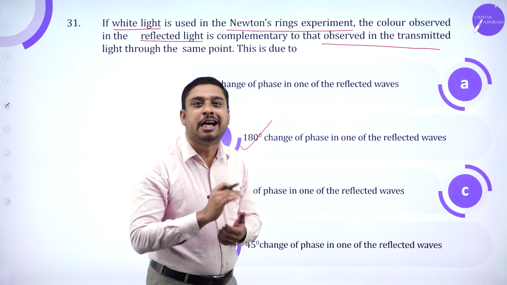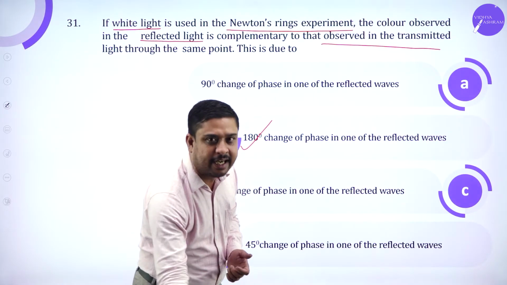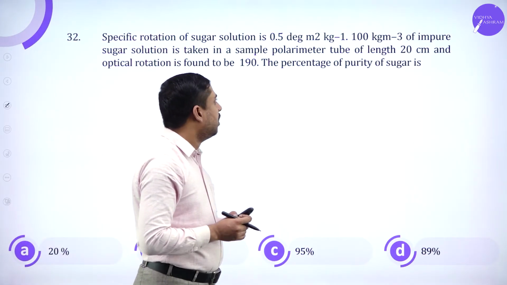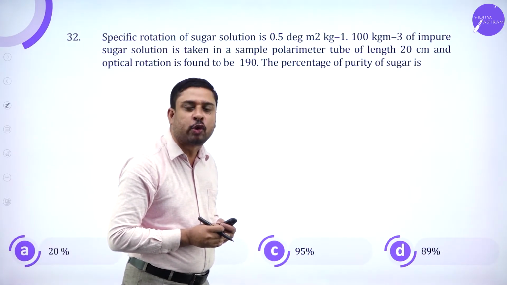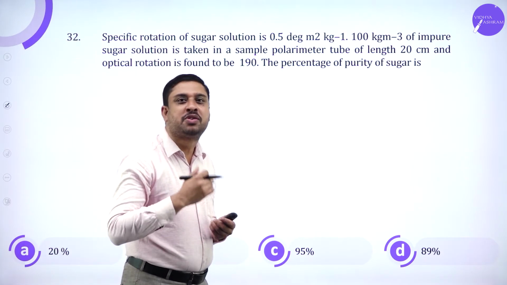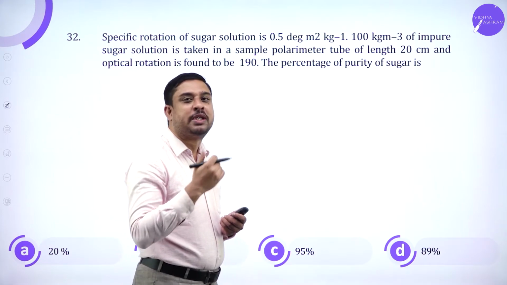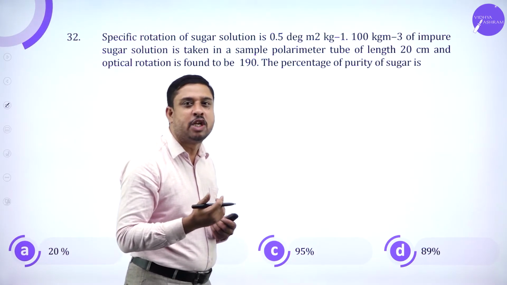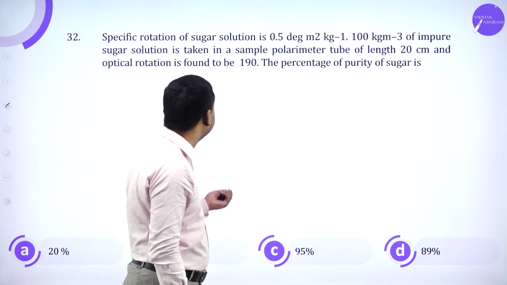Therefore, the colors complement each other. Again, this is on specific rotation. I don't speak much about that because still you are not exposed to dextro-rotatory rotations, levo-rotatory solutions, specific rotations, and so on.